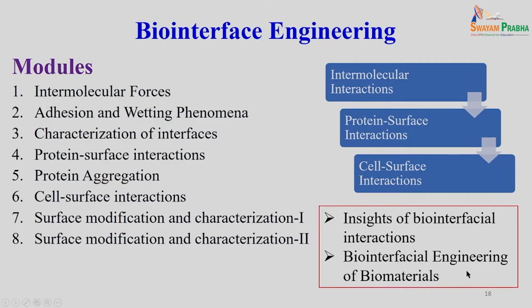Whenever there is an interaction of biological systems with the surface of a biomaterial, that can be tuned by biointerfacial engineering, and so this aspect has a lot of potential in different domains.